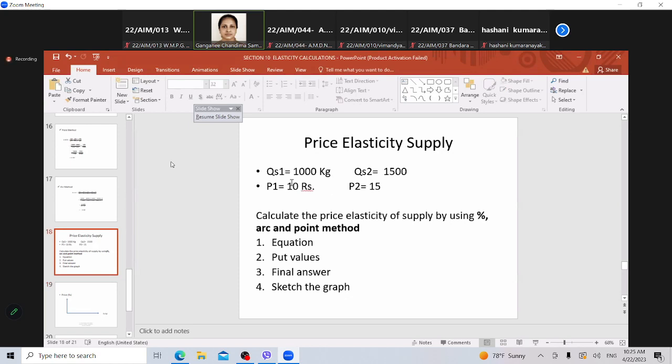Then at the point 10, the quantity supplied should be 1000. You can divide the supply curve as 1000, 1500, 2000, with a 500 difference. When the price is 10, the quantity supplied is 1000. When the price is 15, the quantity supplied is 1500.